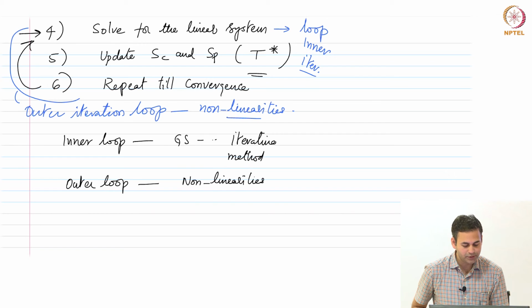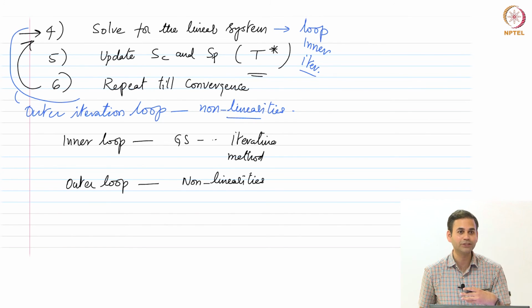Later on we will see that this outer loop is required not only because we have non-linearities, but also if you have inter-equation coupling. For example, say you are solving momentum equations in x and y directions, the u and v equations for Navier-Stokes. While solving for the v equation you are using u, but u are actually guessed values. Similarly, while solving for the u equation you have a flux coming from v, so v are guess values.